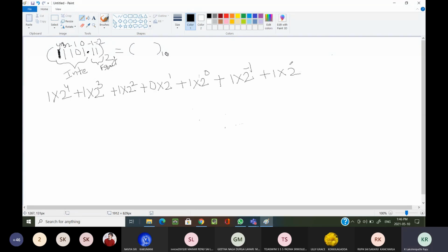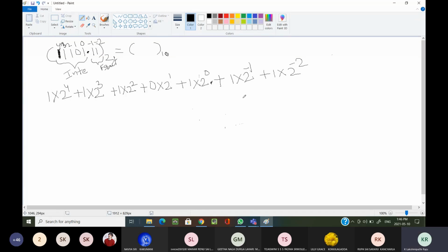Here in the fraction you should place a decimal point, because after the five digits it is a decimal point.